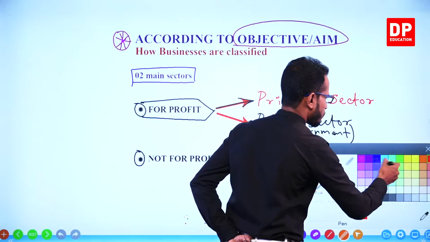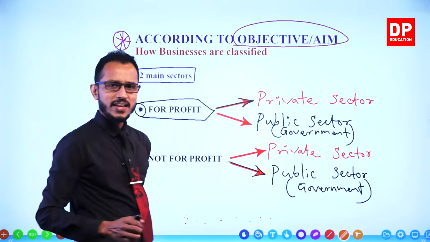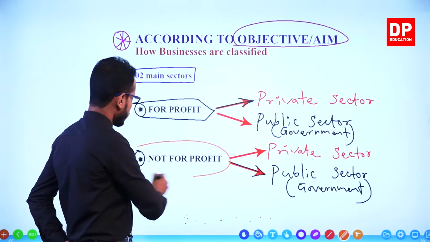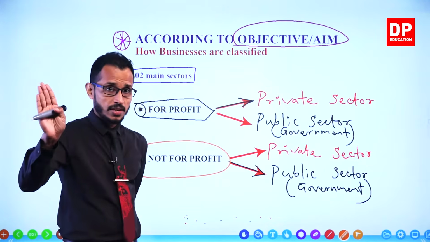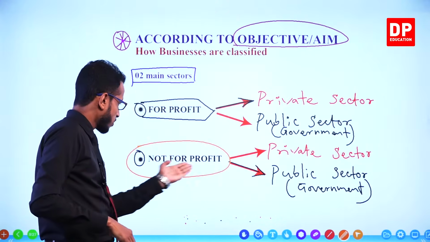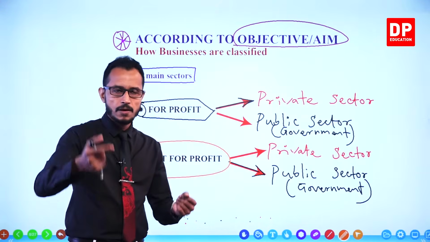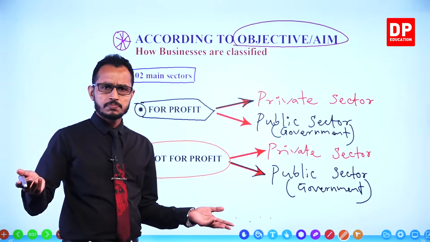Just another reminder, I want you to get this point into your heads. If businesses are not aiming for profit, if their purpose is not earning a profit, what is their purpose?